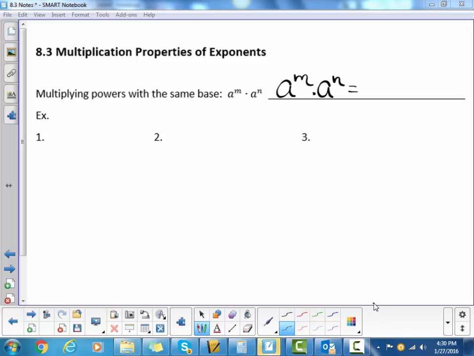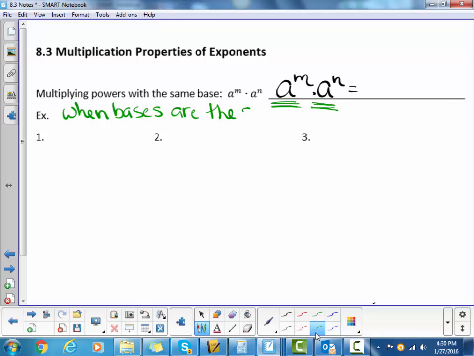So the rule says that if the bases are the same, I can add the exponents. So a to the power of m multiplied by a to the power of n equals a to the m plus n.